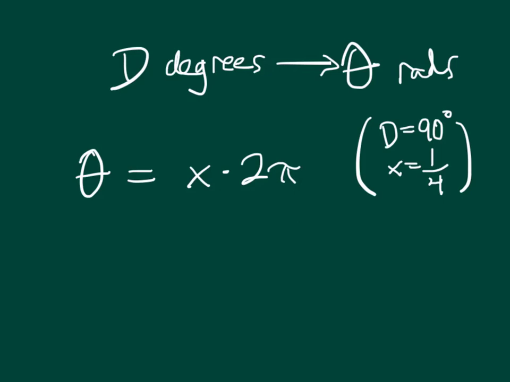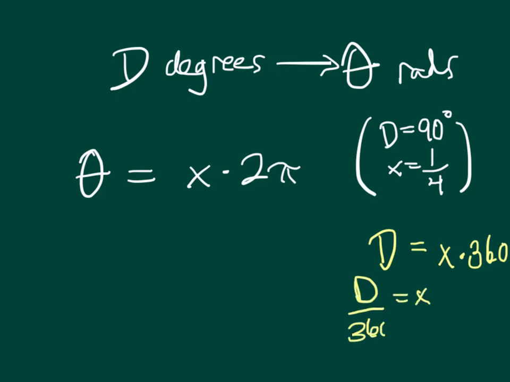How can I come up with a systematic way to solve for x? What equation governs x? Well, we know that our d degrees is the appropriate fraction times 360. Solve that for x, and I get that x is d over 360.